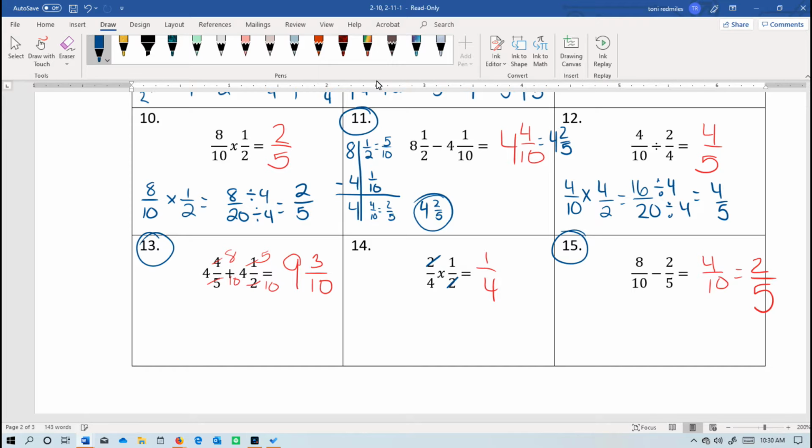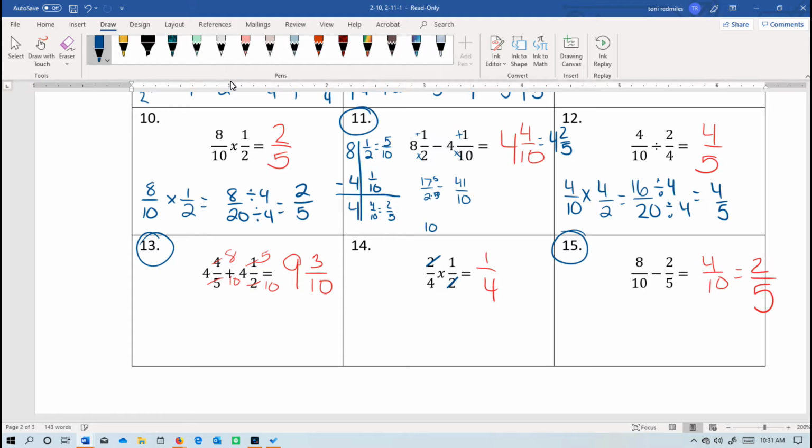Now you could do this the improper method, where you turn them into improper fractions, find a common denominator, and subtract. So this would be 16 plus 1 is 17 over 2, minus 40 plus 1 is 41 over 10. Got to change this one to 10 by multiplying top and bottom by 5.